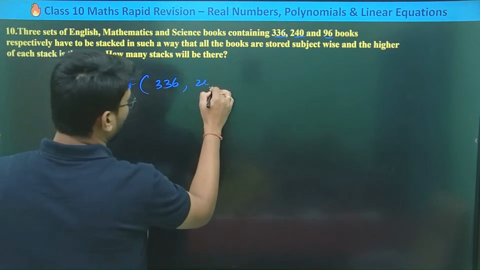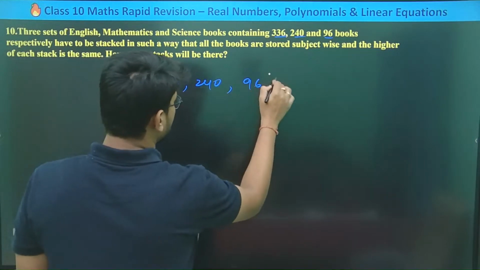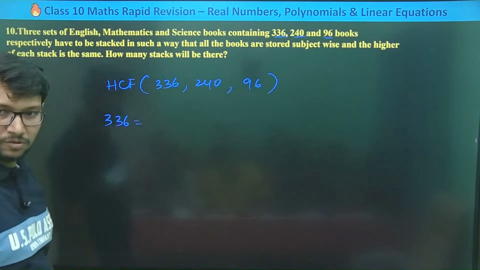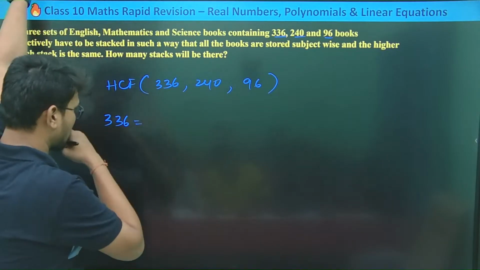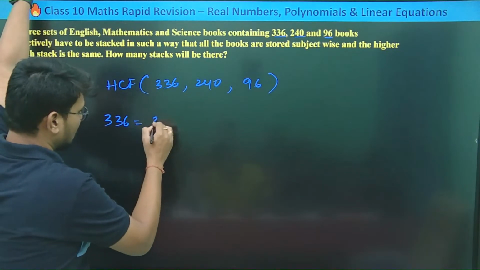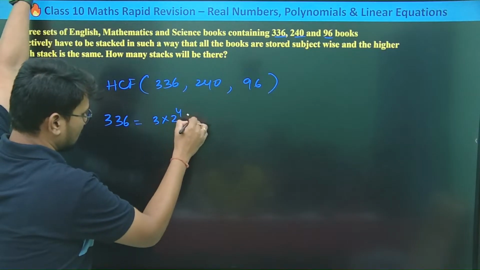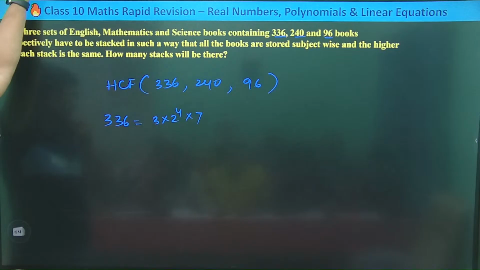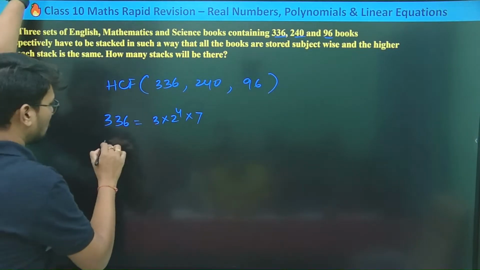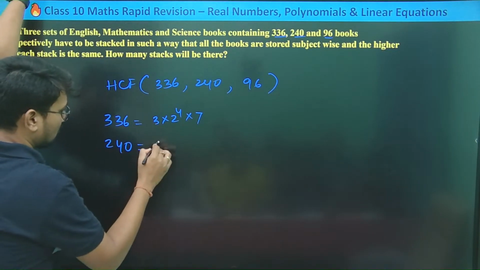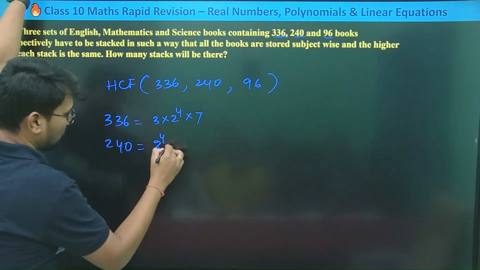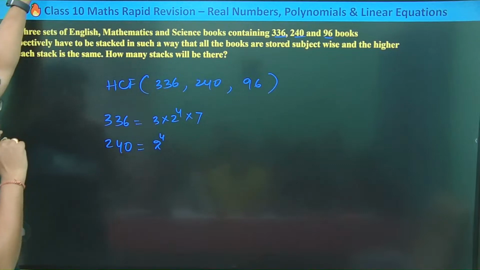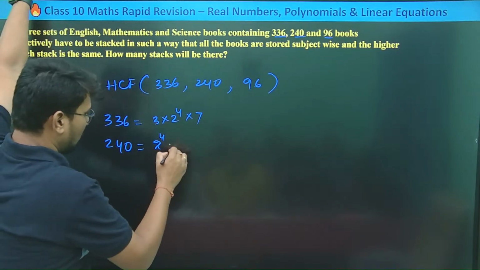336, 240, 96. Tell me, 336 equals to what? Is that correct, everyone? Is that correct? 3 into 2 to the 4 into 7. 240: 2 to the power 4. 2 to the power 4 means how much? 16. 16 into 3 into 5.